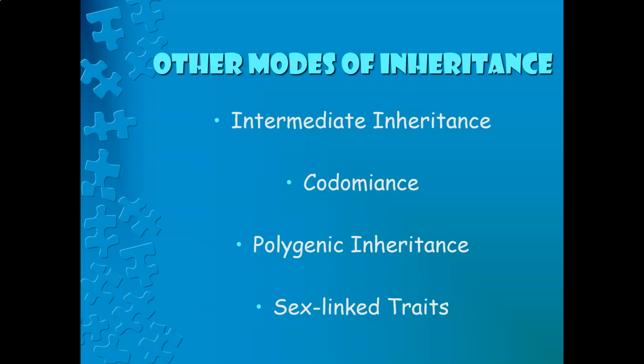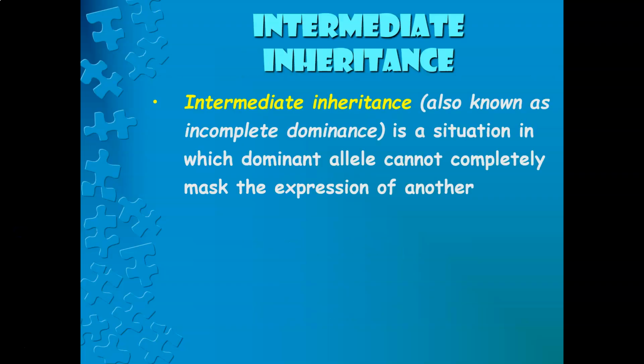So intermediate inheritance, codominance, polygenic inheritance, and sex-linked traits are the ones that we're going to focus on for this year. That being said, there are other options even above and beyond this, but for our scope, let's keep it just to these four. So let's pick up today and talk about intermediate inheritance first.